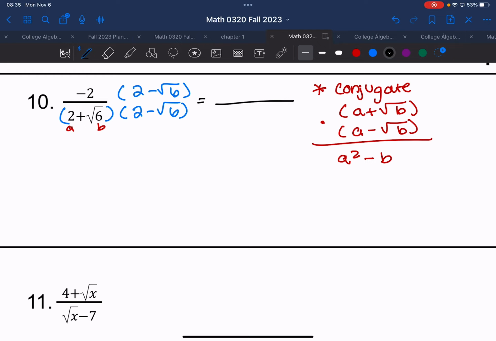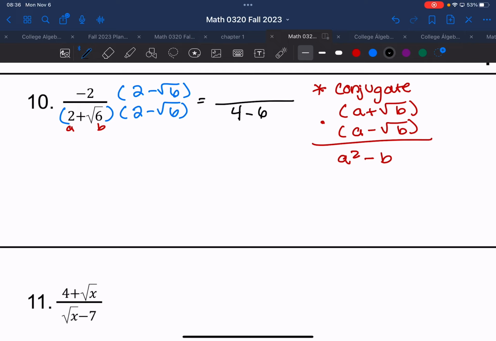So we said a is 2. 2 squared is 4 minus b, which is 6. So we're going to leave that as is for now.